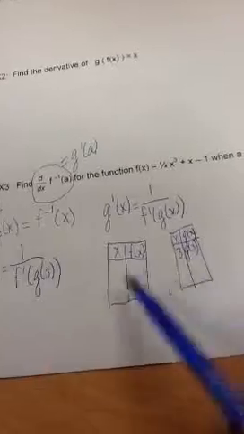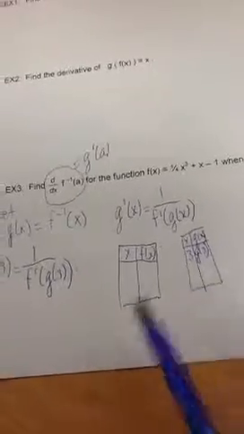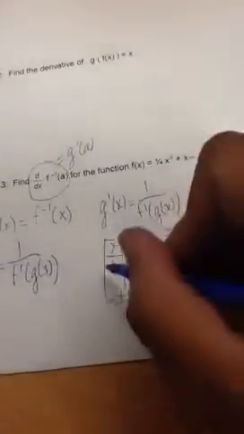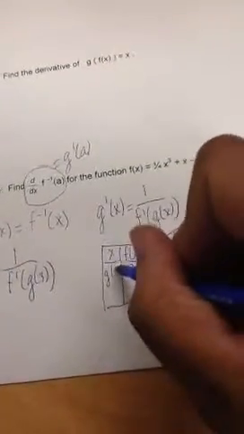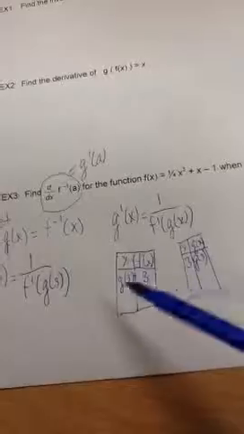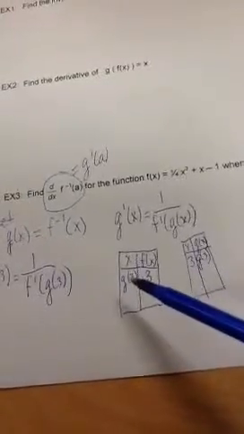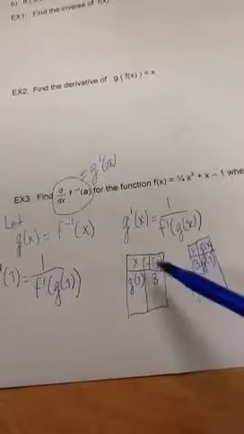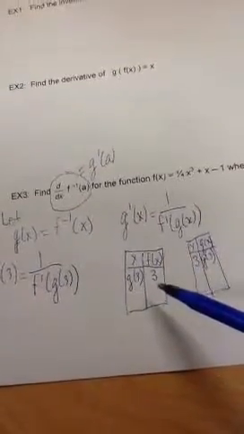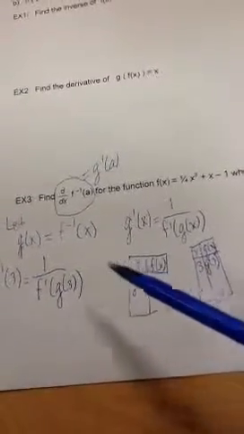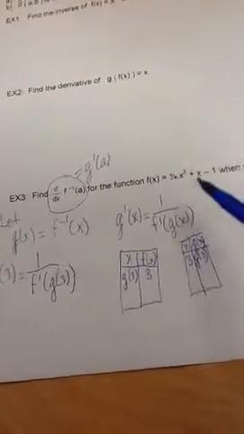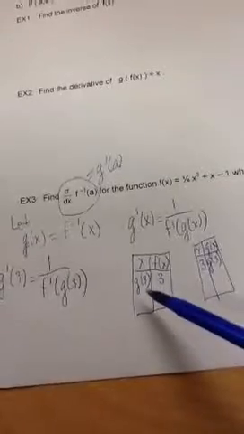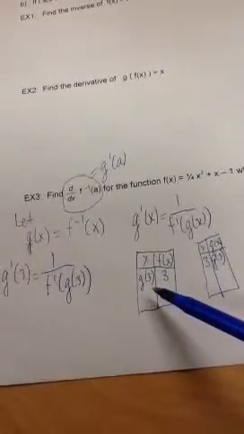So remember we said if they're inverses, I need to swap them. So 3 would go here, and g of 3 would be that x value. So I know that when f of x is equal to 3, the x value that I get when I solve this function for x will give me g of 3.